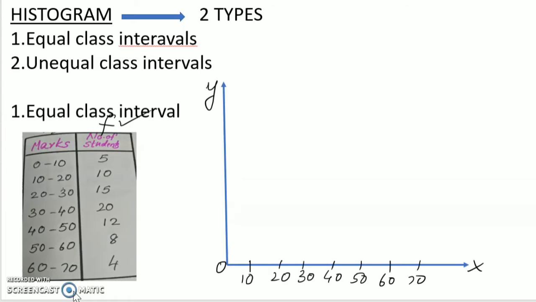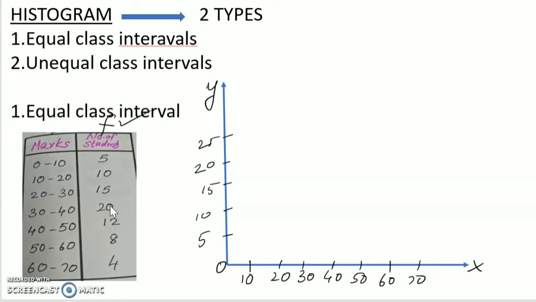And on the y-axis, frequency, the highest number of students is 20, so we have to mark till 20: 5, 10, 15, 20. Till 25 I am just marking.